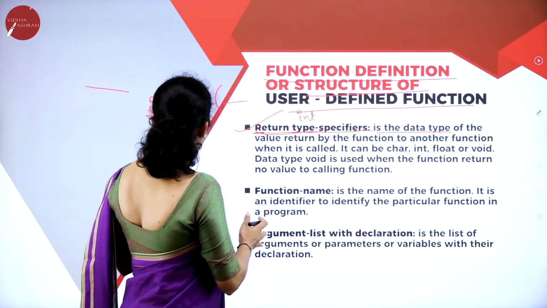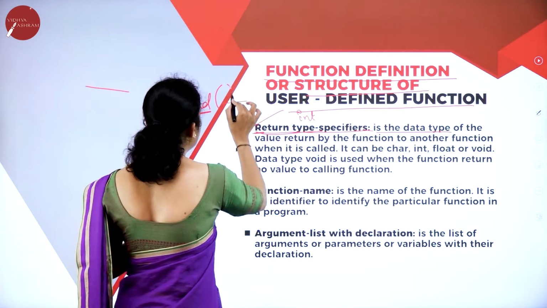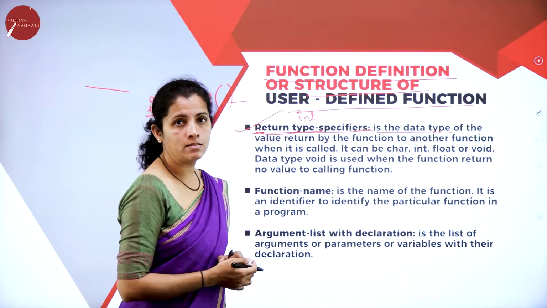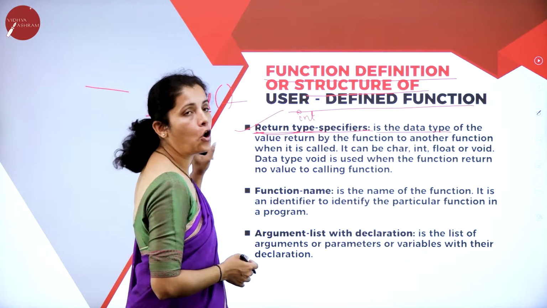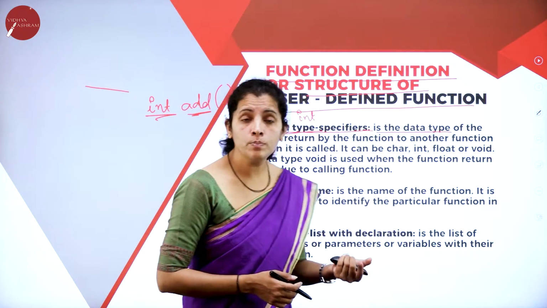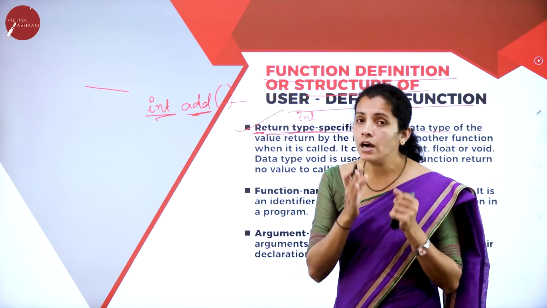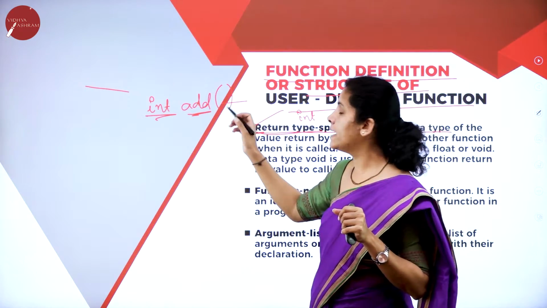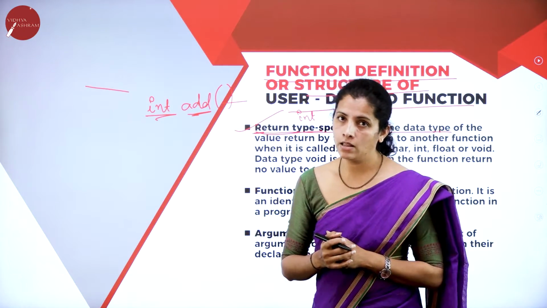If I don't have any argument, then directly I'm going to write opening and closing parenthesis. So this parenthesis indicates the argument list. Here the function may or may not have parameters. If the function does not have any parameters, then I'm going to write open and closing parenthesis.